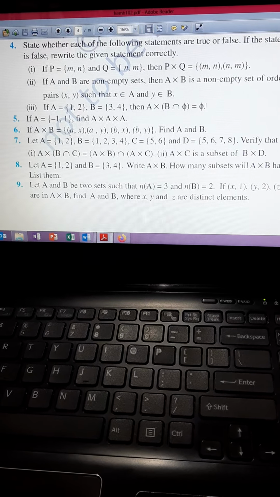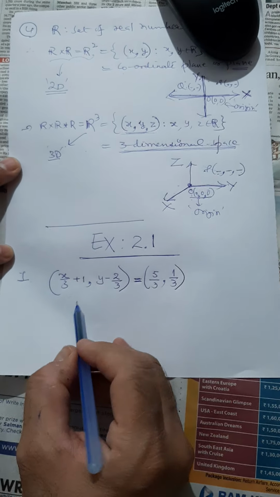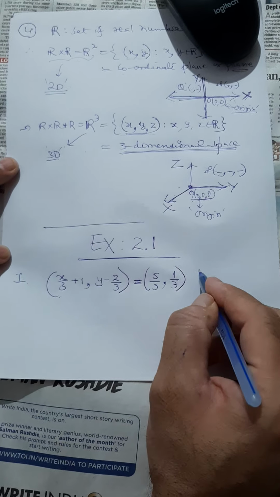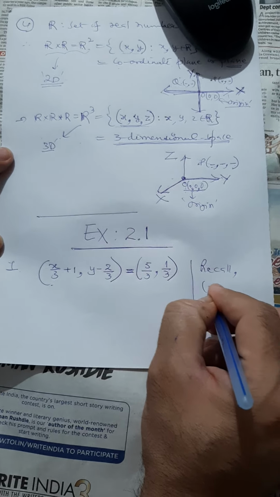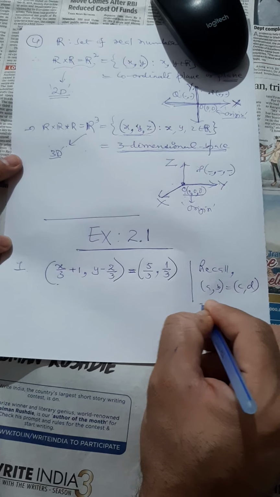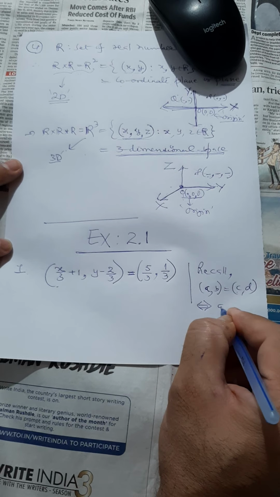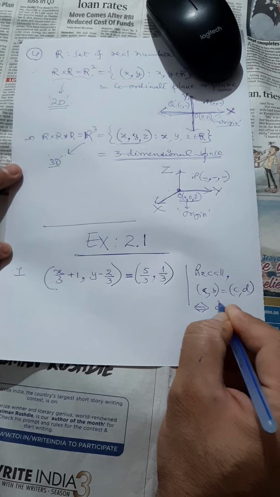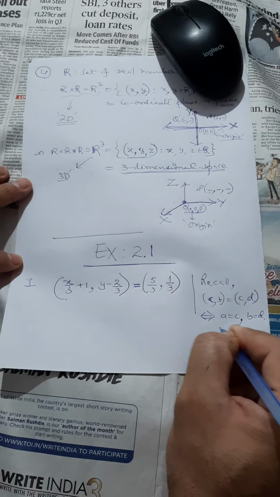Okay, now further let us see. Question number 1, these two ordered pairs are equal. We just need to recall: two ordered pairs A comma B equals C comma D implies both ways, first equals first, that is A equals C, and second equals second, that is B equals D. This is always true.